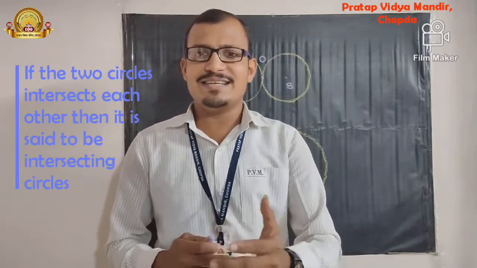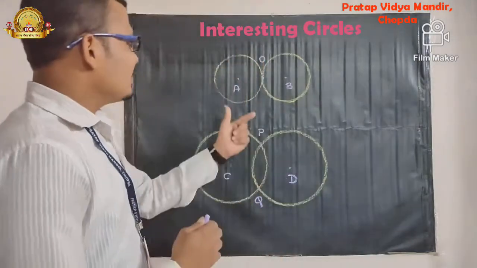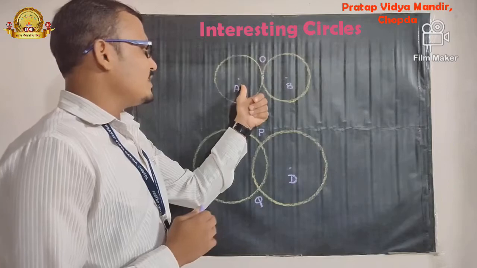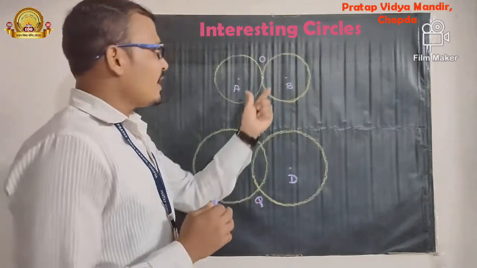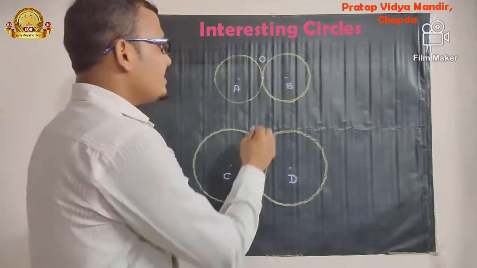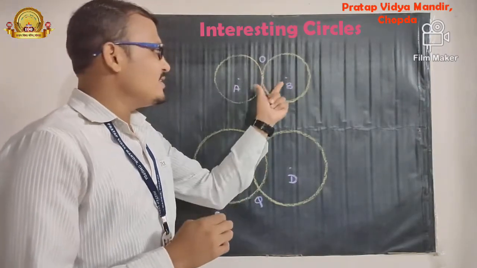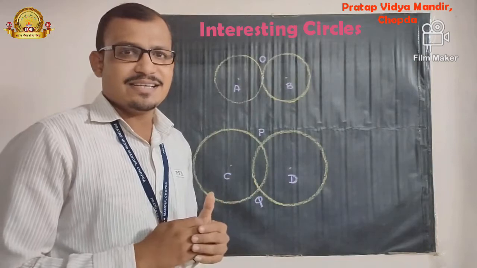A very interesting topic is intersecting circles. What are intersecting circles? Friends, when two circles intersect each other, those circles are called intersecting circles. For example, in the first figure there are two circles, the first with center A and the second with center B, and these two circles clearly intersect at this single point O, and hence they are intersecting circles.